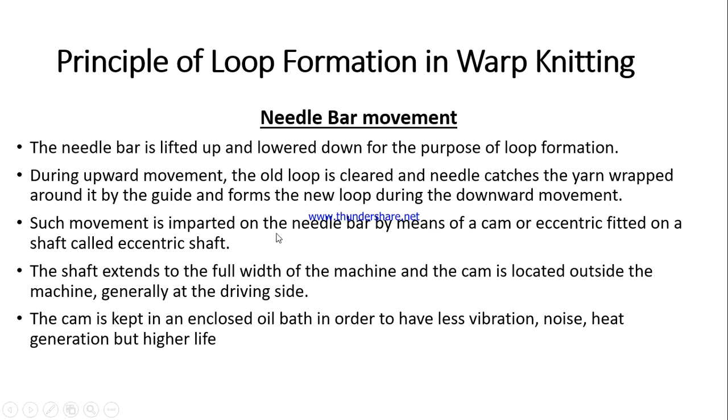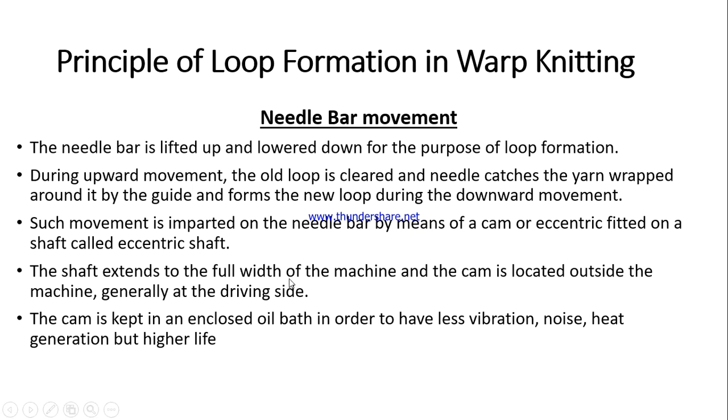Such movement is imparted on the needle bar by means of a cam or eccentric fitted on a shaft called the eccentric shaft. So this up and down movement is governed by either a cam or an eccentric fitted on the eccentric shaft.